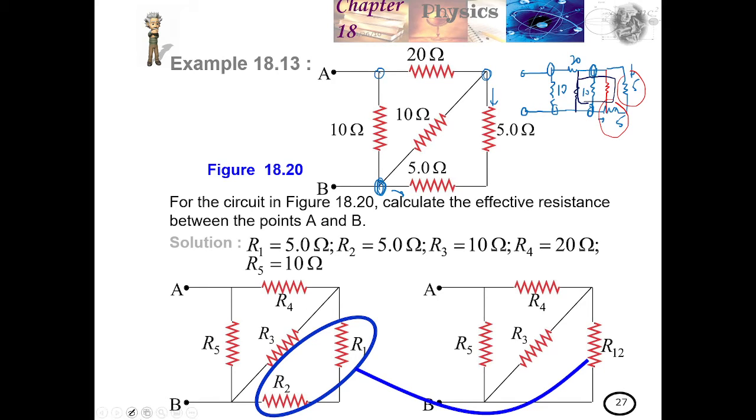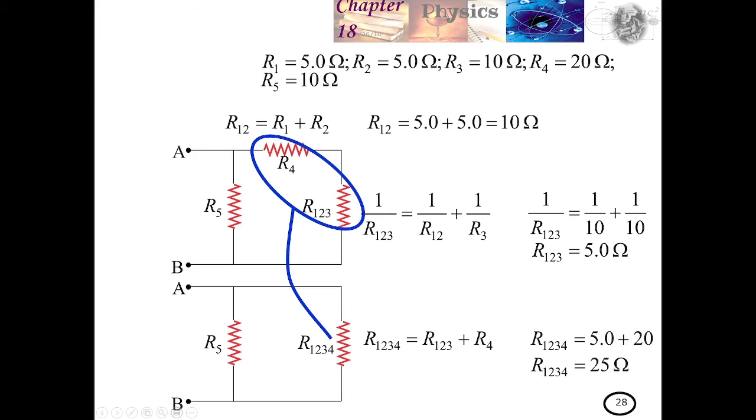Combine with the new one, you combine with the 20 over there, and then you have a new one over here, and then 10 with the new one.